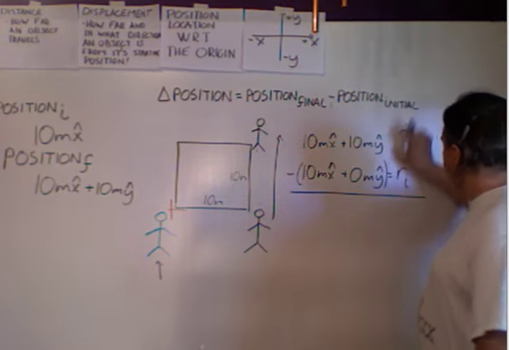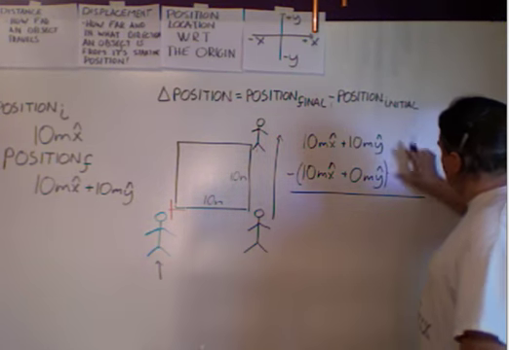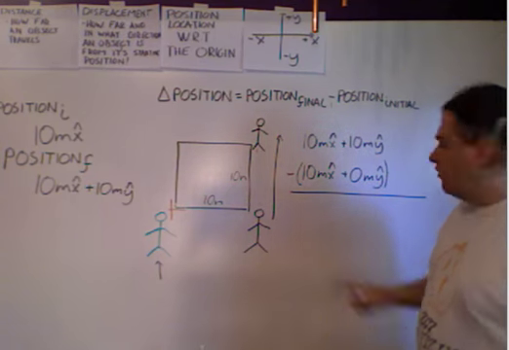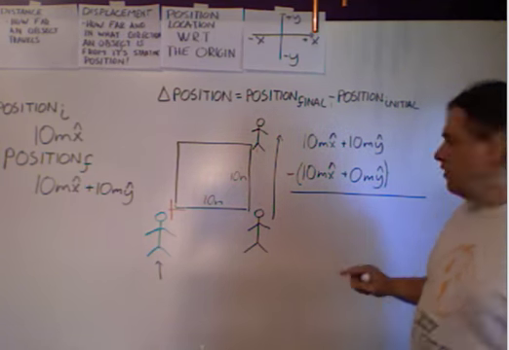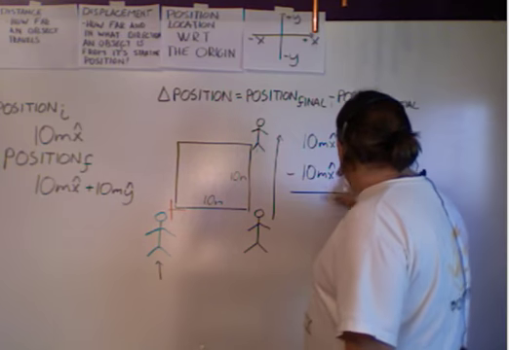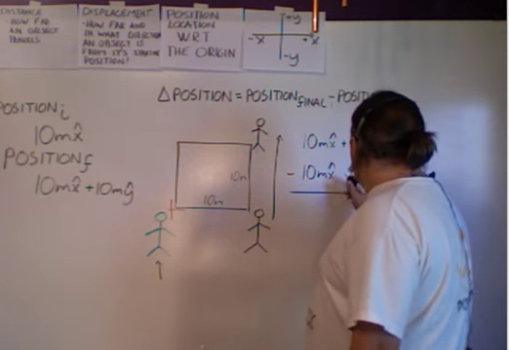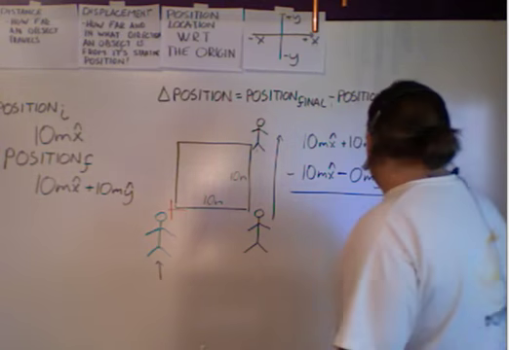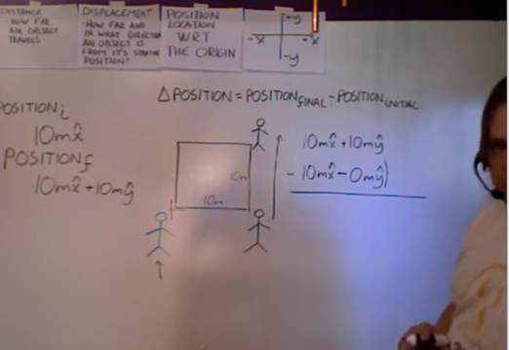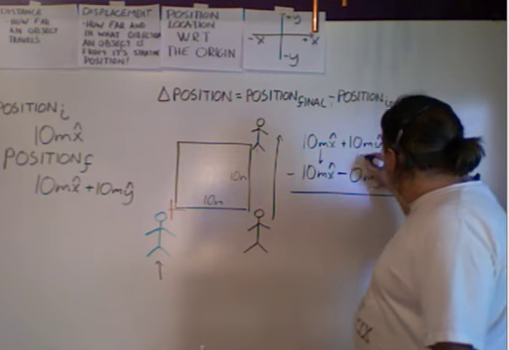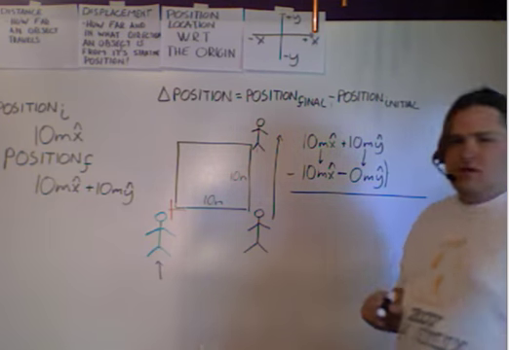I'm going to erase this really quick. So it looks like I've got a mathematical problem. This minus that. Distributing that negative sign, I'm going to end up with negative 10 meters x minus 0 meters y. Okay? And then I'm going to take my x's and my y's, and do the addition.